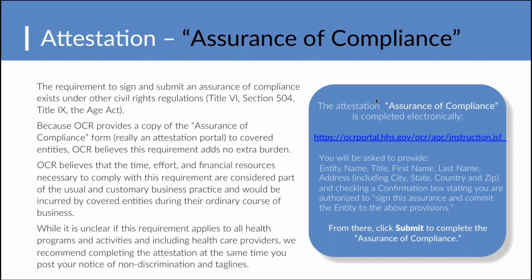The attestation must be filled out on HHS's site that says that you are doing everything you necessarily need to do, that you are providing this notice, that you are providing the taglines and that they've been posted correctly, not only physically but on your website, that your communications with the patient contain that statement of non-discrimination, that you have a grievance process within your organization, you have a compliance officer assigned to handle grievances for non-discrimination with your practice.